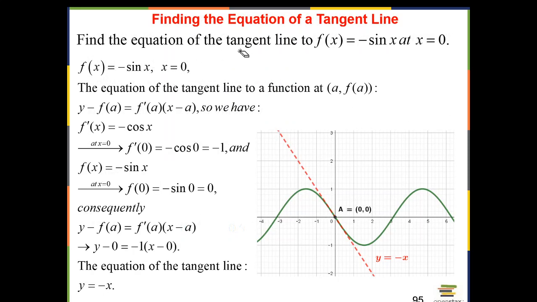All right, it says find the equation of the tangent line to this function at x equal to 0. Now we know the equation of a tangent line in calculus is given by this formula here: y minus f of a equals f prime at a times x minus a. So in order to do this, we need a, which is given, 0.